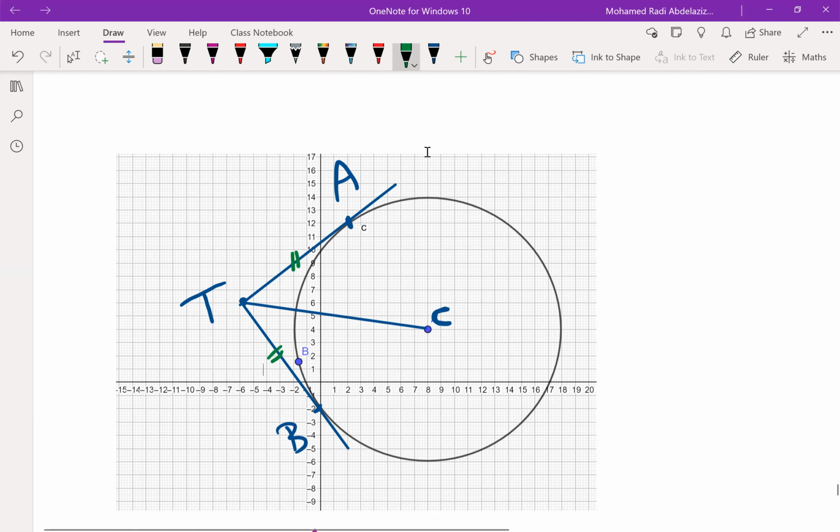What else? TC bisects the angle in between. What else? If you join AC, the radius and the tangent will be at 90 degrees at A or at B.